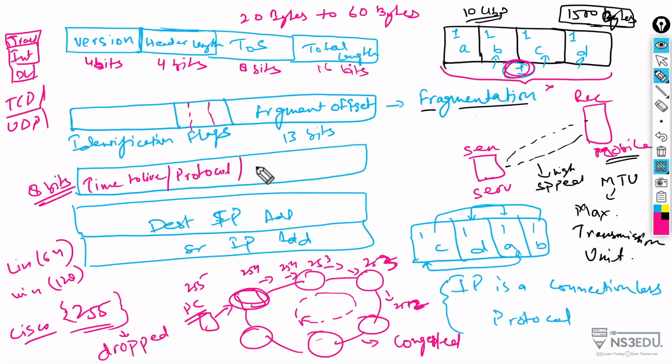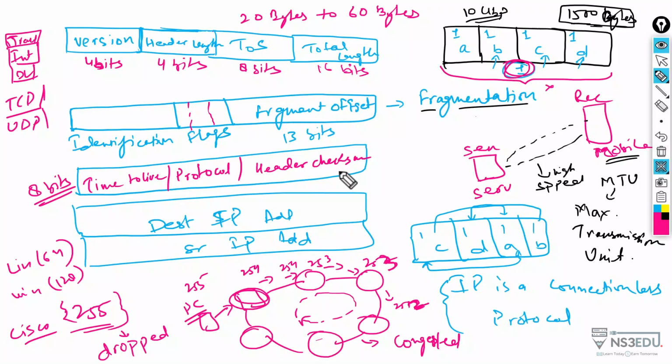After that comes the header checksum. This header checksum is used to detect any errors on the header only, just the header. Now we have looked at the checksum at the data link layer also, but that checksum detects errors in the whole frame. Meanwhile, the checksum at other layers, we will be discussing a checksum at the transport layer also.